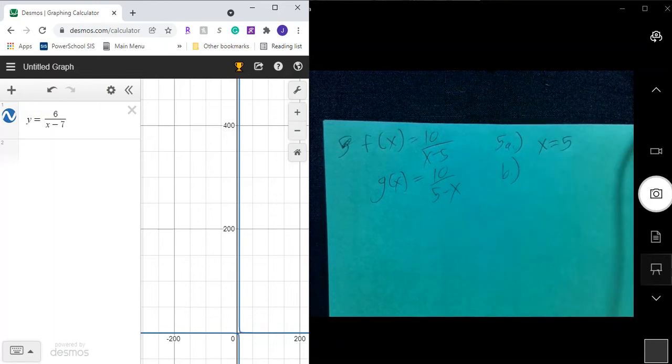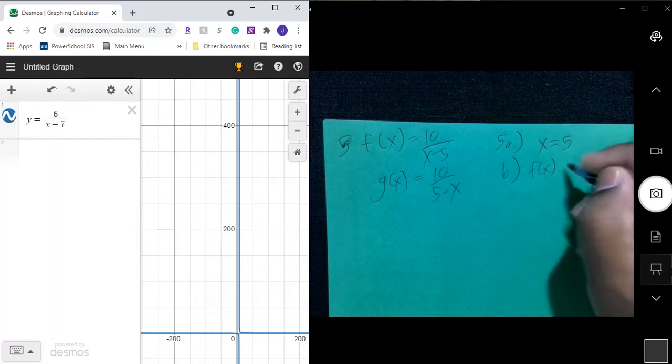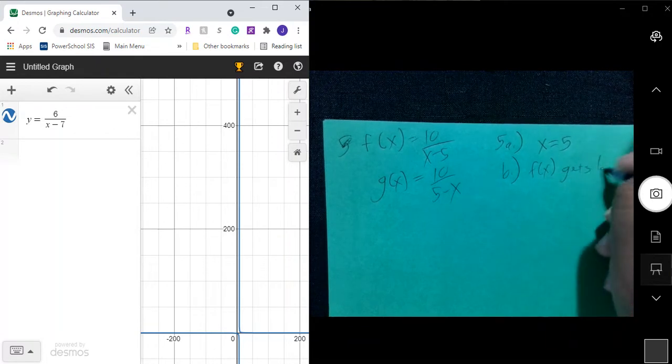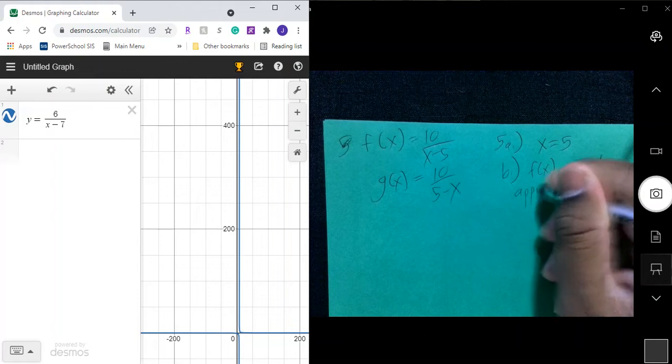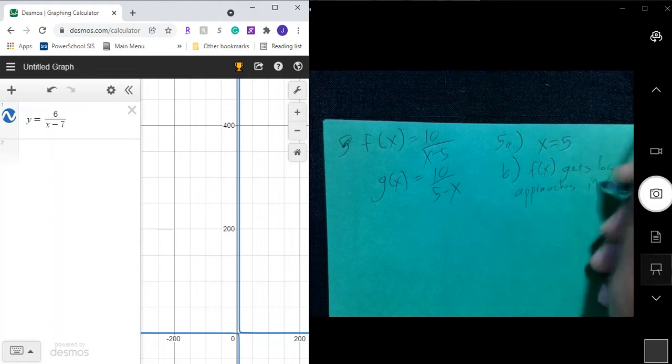Now b says, describe what happens to the output value when x is near the vertical asymptote but to the right of it. Okay, so for f of x, it gets larger and approaches infinity.